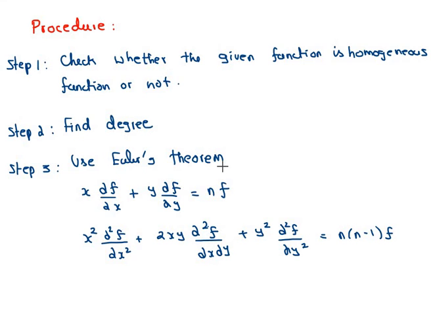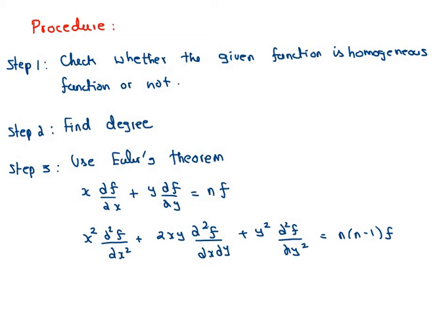Then using Euler's theorem, find the given equation. That is, depending upon the problem, we'll use any one of these two equations or formulas. Then we'll find the solution. So first step, check whether the function is homogeneous or not. Then find the degree. Then use Euler's theorem.